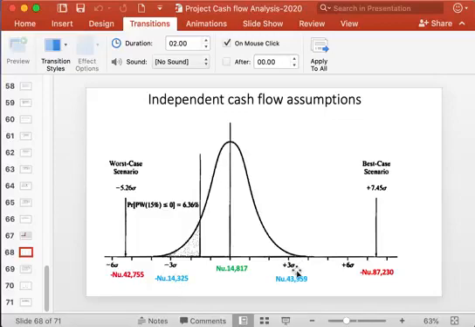At a point of plus 3 standard deviation, we have 43,959 Newton. This plus 3 sigma and minus 3 sigma, 6 sigma, minus 6 sigma, plus 6 sigma, these are the Z values.